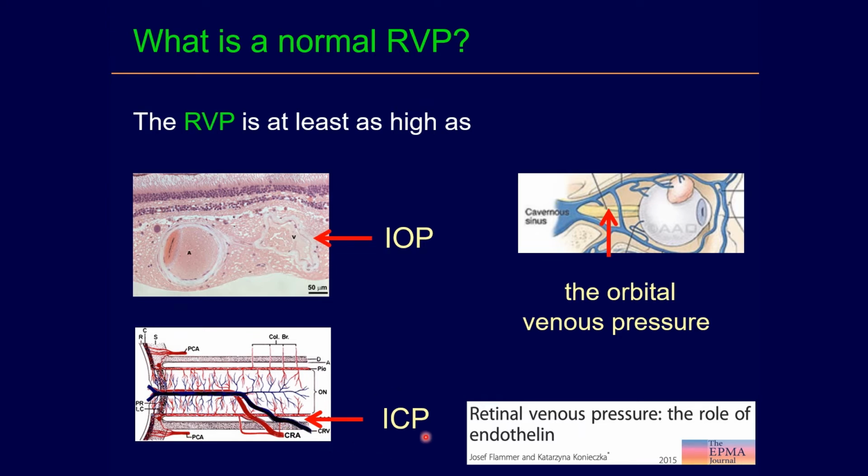And finally, it is at least as high as the pressure in the orbital veins, because otherwise the blood could not flow. In most patients, however, both the intracranial pressure and the pressure in the orbital veins are lower than the intraocular pressure. Therefore, the question normally is whether retinal venous pressure is equal to or higher than the IOP.